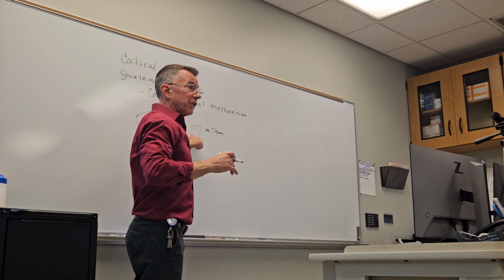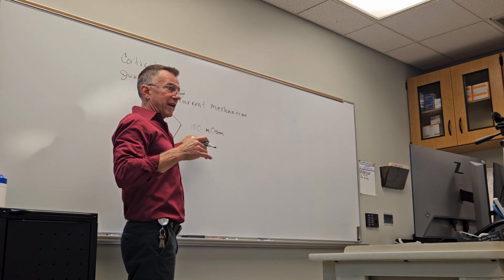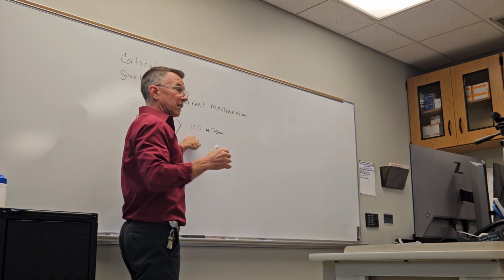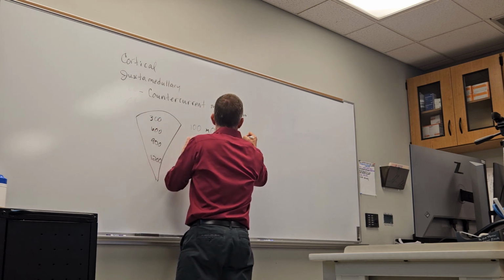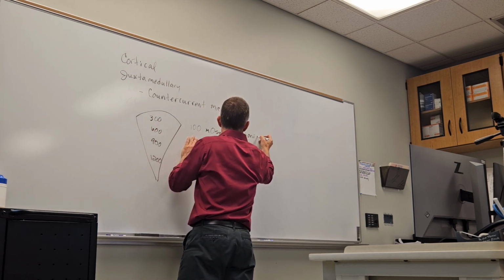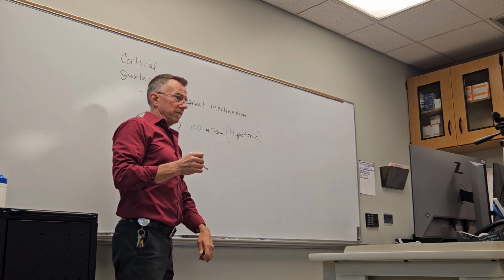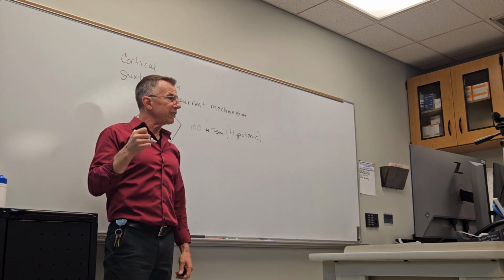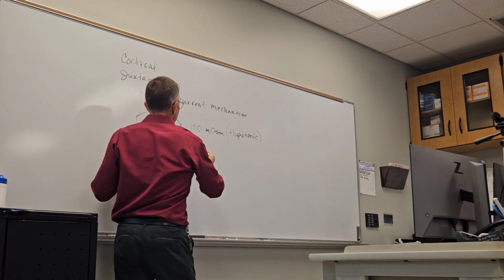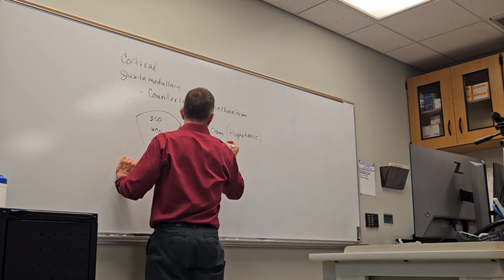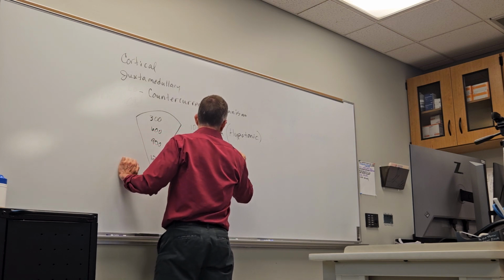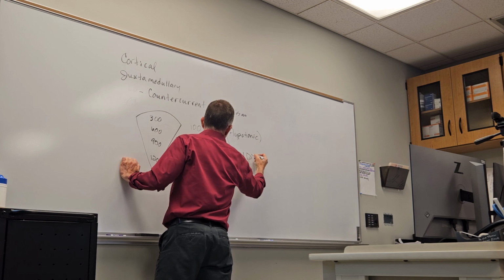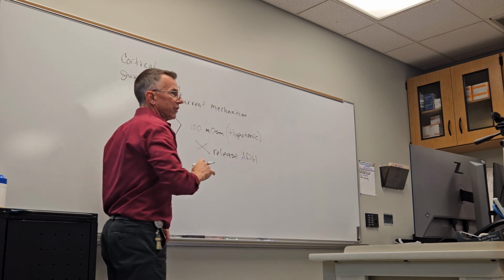So the condition of that filtrate is hypotonic. And so, if I am well hydrated and I do not release ADH, what kind of urine am I going to form?